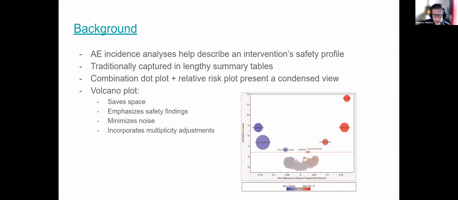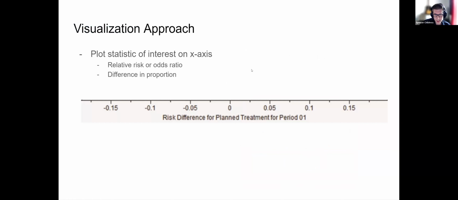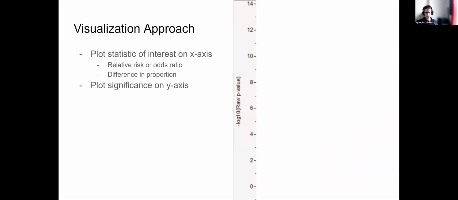So let's get into the aesthetics of this plot. So on the horizontal axis, you're plotting your statistic of interest. That might be the relative risk ratio or the difference in proportions between the two treatment groups. And then on the vertical axis, you're plotting significance, and it's a negative log scale.